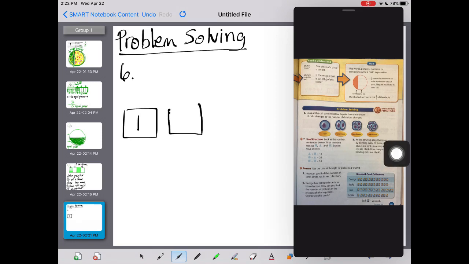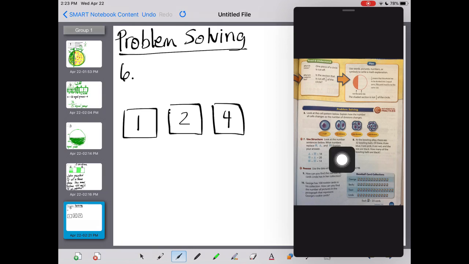Okay, so the next division, we've got 2. And then we have another division, and we have 1, 2, 3, looks like 4. And then we jump to the third division, and if you count all those up, you get 8.